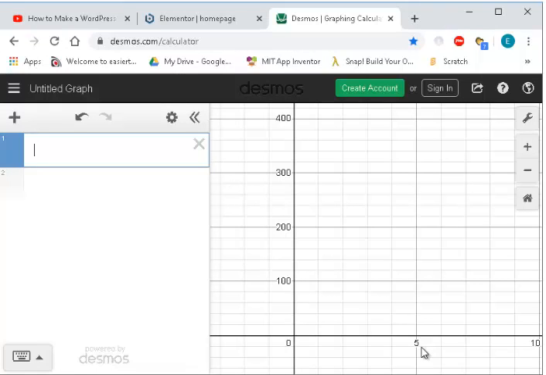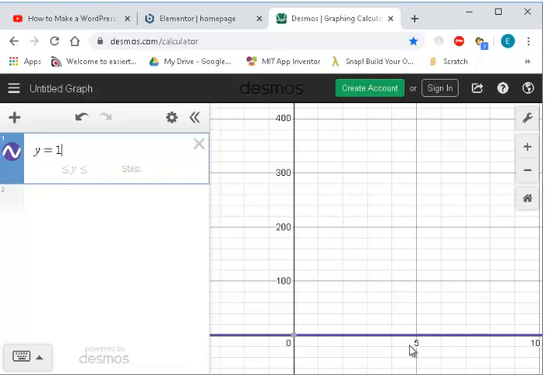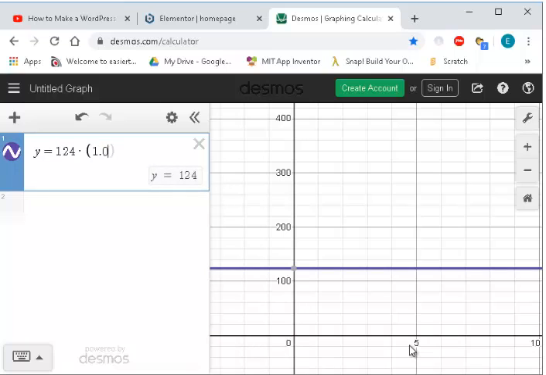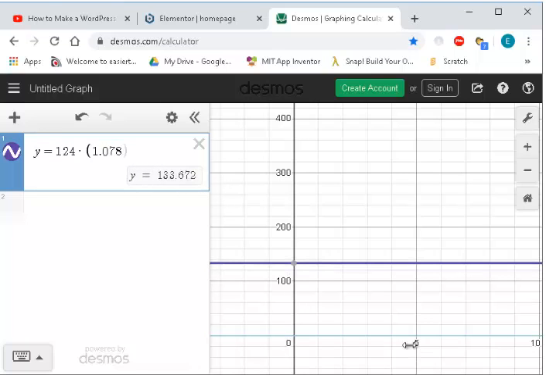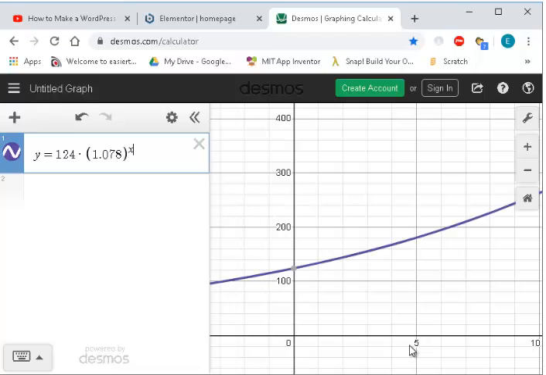So back in Desmos, we are going to type the equation y is equal to 124 times open bracket 1.078 close bracket exponent x, and this is the graph of the function. Now, the only problem we have here is we know that x here represents number of years since 1997, and x cannot be negative.